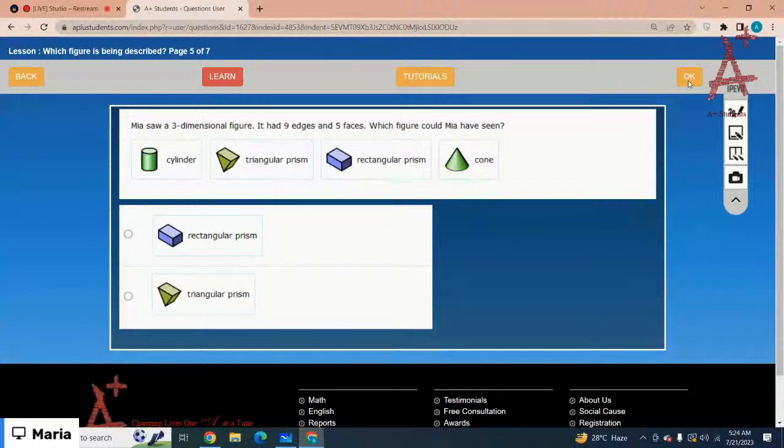So the correct option is triangular prism, which has five faces and nine edges.